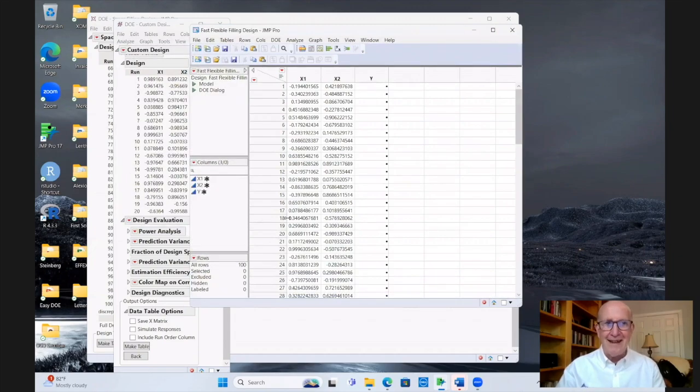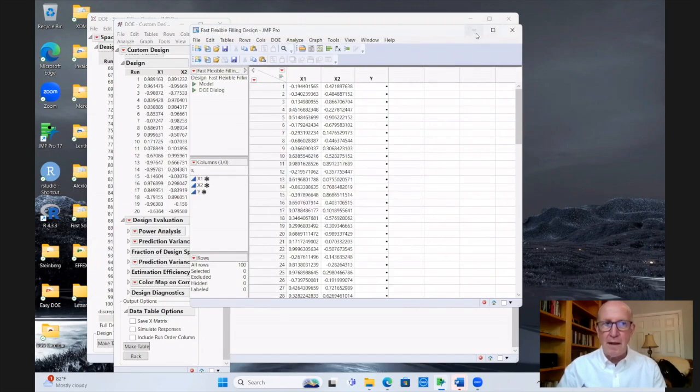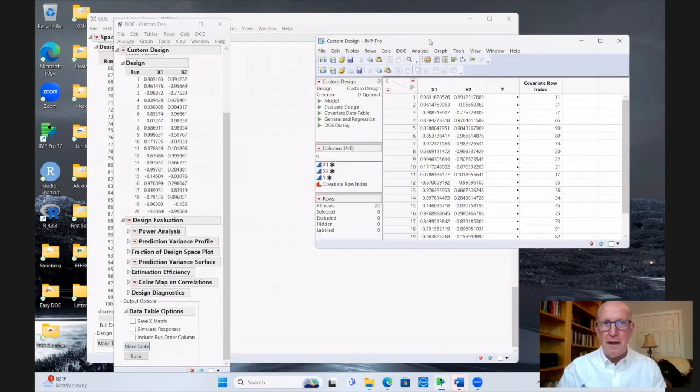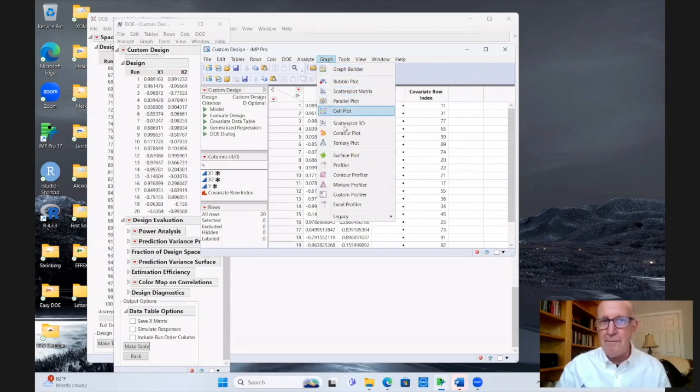I need to do it with my 20-run design, not my 100-run design. So here's a 20-run design. I have to make the table. So now I've made a table that's only taken a fifth of the runs of the original design.